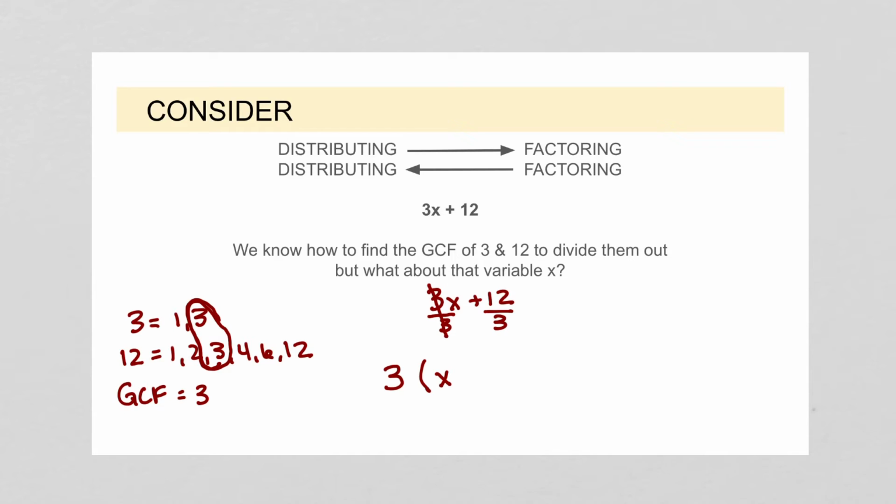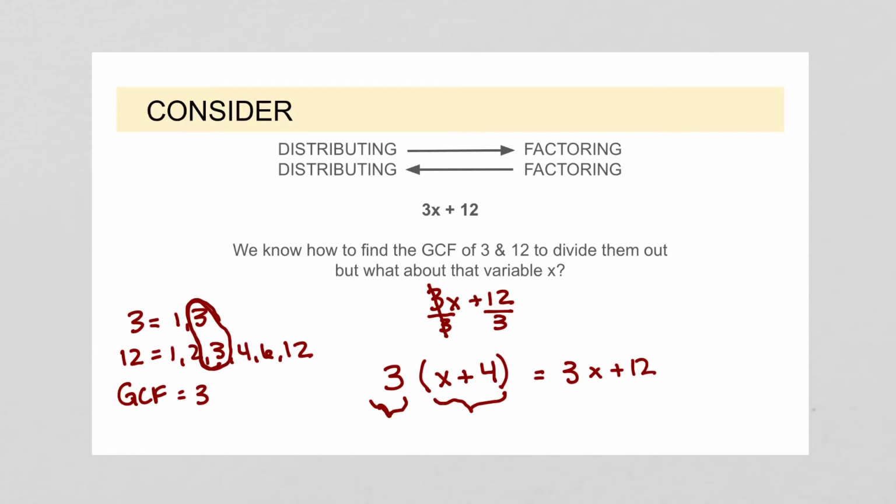And a positive 12 divided by 3 gives me a positive 4. So I've created this equivalent expression that consists of 2 factors, right? I've got my 3, and I've got my x plus 4, and those are the factors of 3x plus 12.